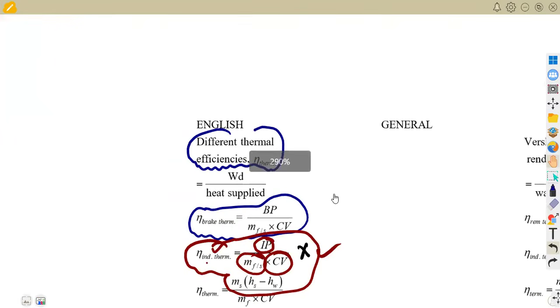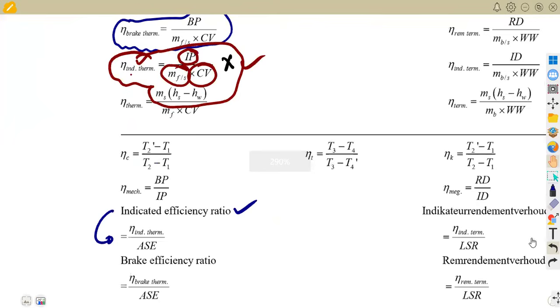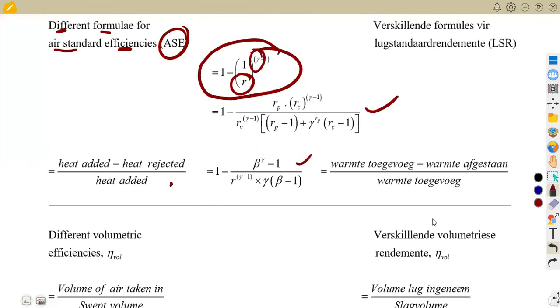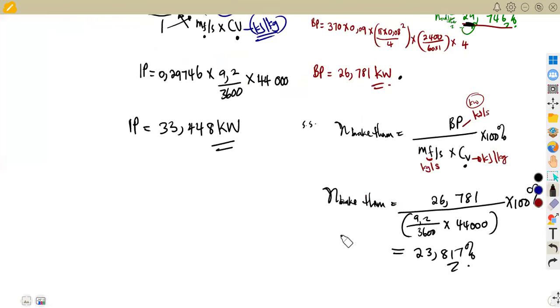For the one that has got the brake power, the mechanical efficiency is equal to the brake power over the indicated power. So we simply need those two. We have the brake power, we have the indicated power. So let's see.